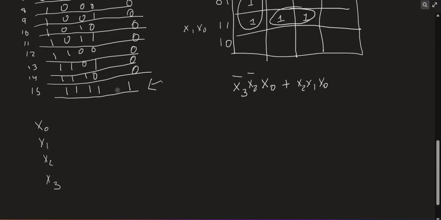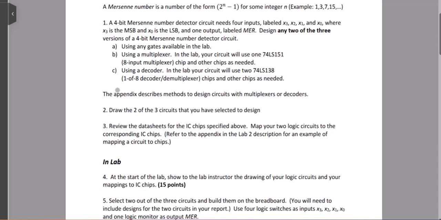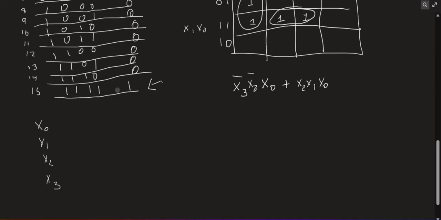And we will need an AND gate. Let's see, what do the directions tell us we can use? Any gates available in the lab. So I would prefer to use a 3-input AND gate, an OR gate, and an inverter.